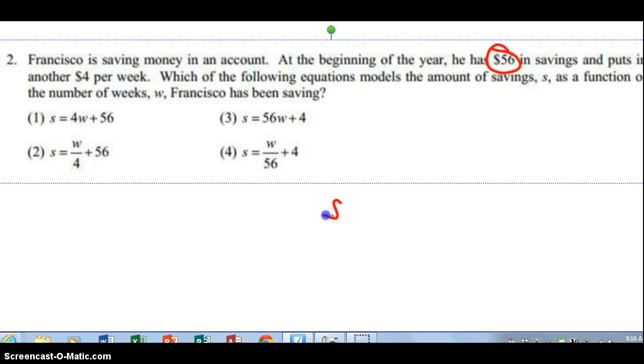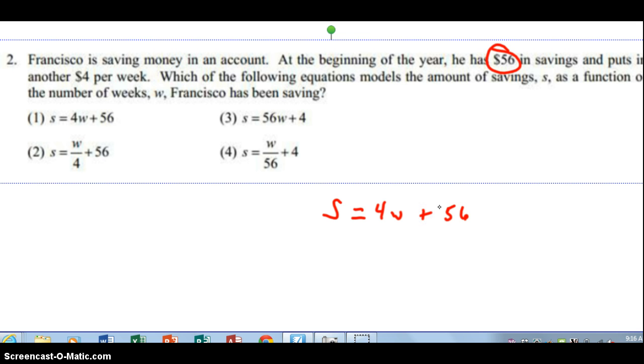So, what's he start with? He starts with 56. All right? How much does he save per week? $4. So we're going to say per week, 4W plus 56.